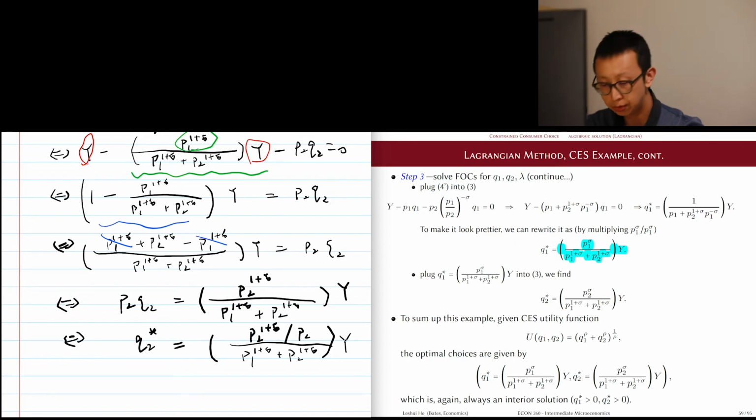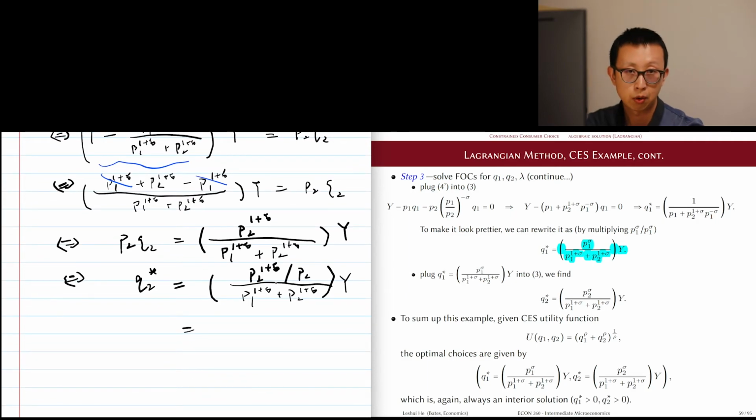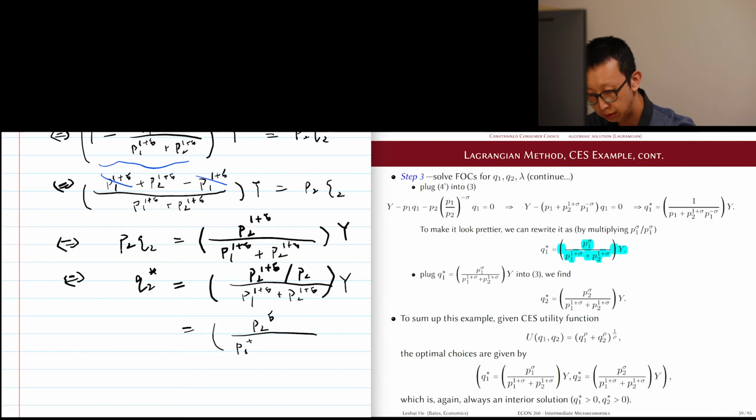But then, of course, this division is simply changing the power on the numerator. So what we have is P2 to the power of sigma over this weighted average between the prices again times y.